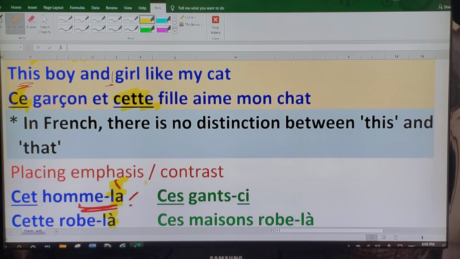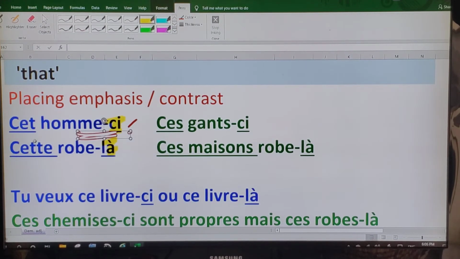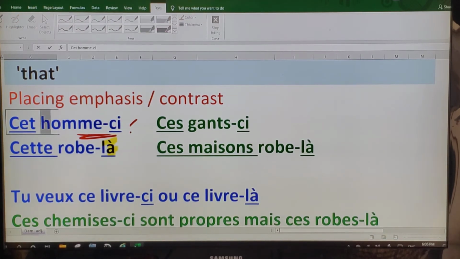But if I said "cet homme-ci", like how it was initially, it means this man. So the next example, "cette robe-là". I use cette because robe is a what? Feminine singular. And I use cet over here because this is masculine singular beginning with what? H mute. So anyways, next example, "cette robe-là".